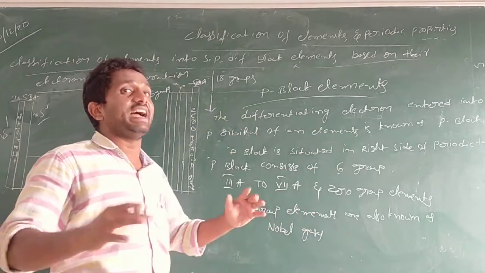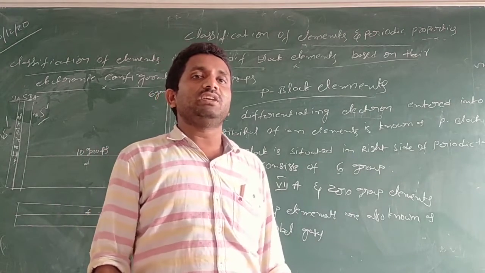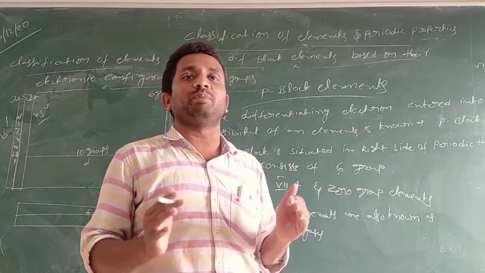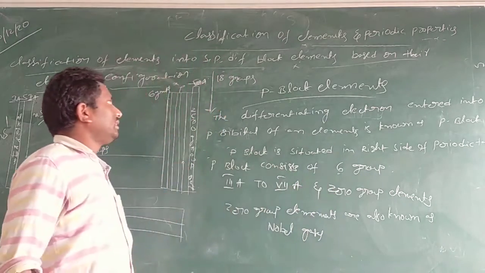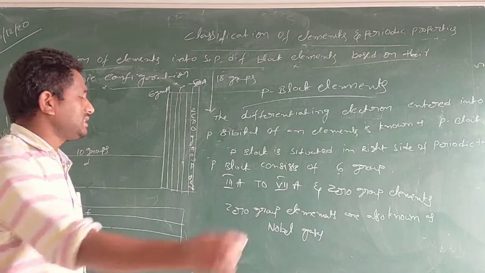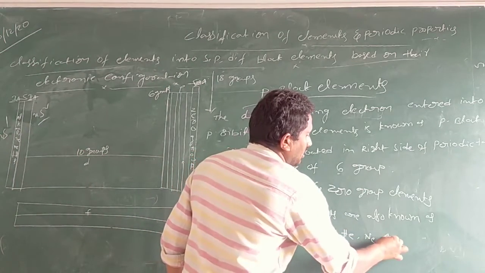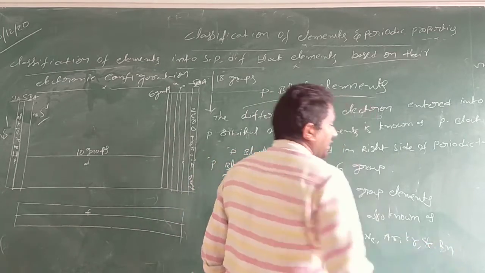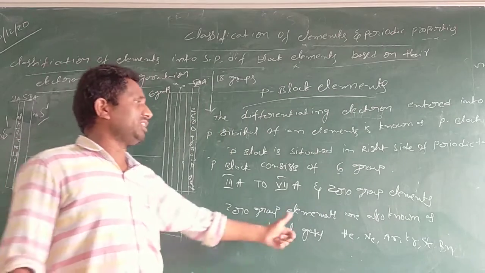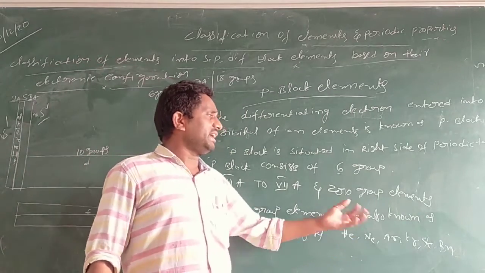These are unreactive elements. What are unreactive elements? All their shells are completely filled with electrons. For example, the zero group elements are helium, neon, argon, krypton, xenon, and radon. These are the 8A group elements or 0 group elements. So these are unreactive elements.